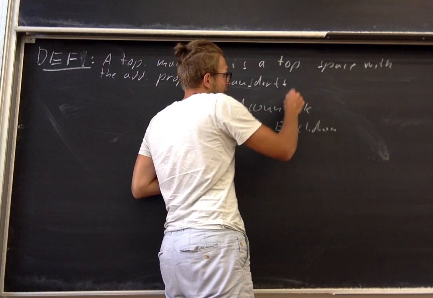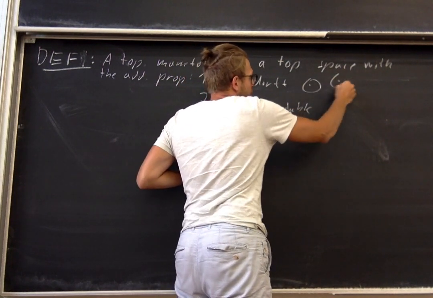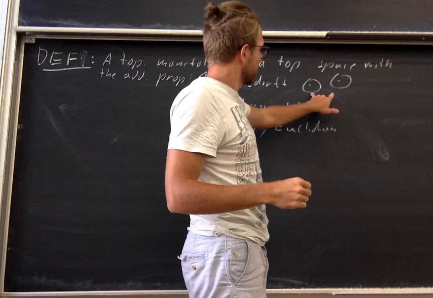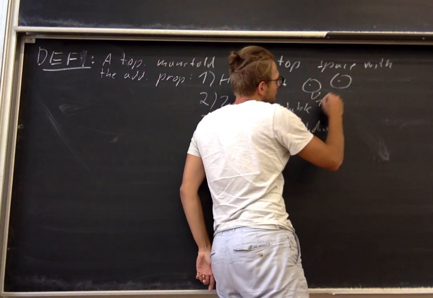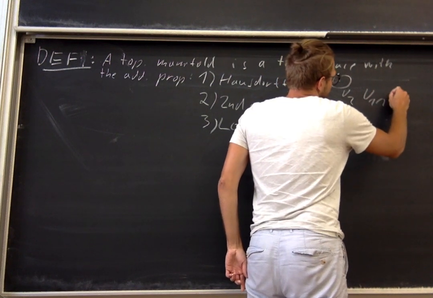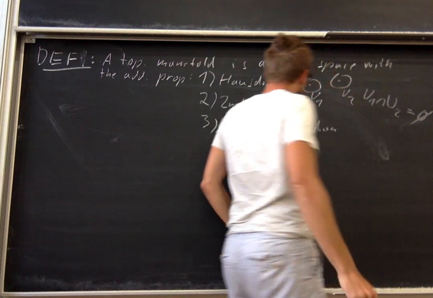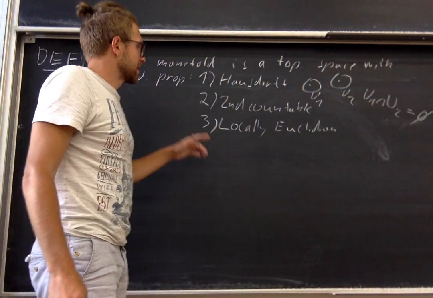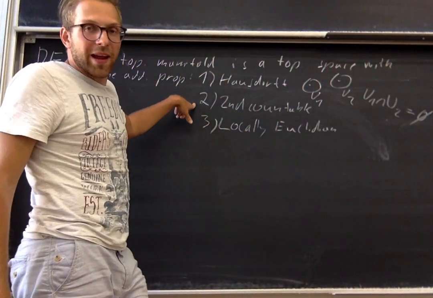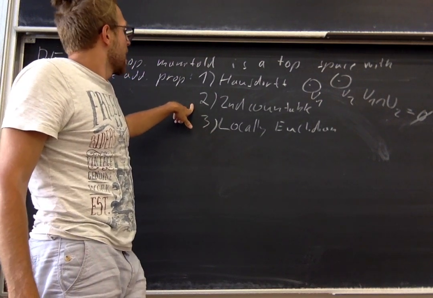Hausdorff means that any 2 points can be separated by 2 open neighborhoods, which means that you'll find U1 and U2 open such that U1 intersection U2 is the empty set. Second countable means that there exists a countable basis of the space.